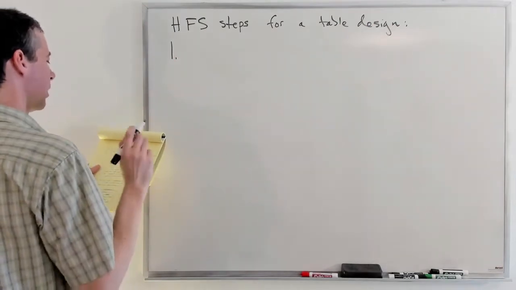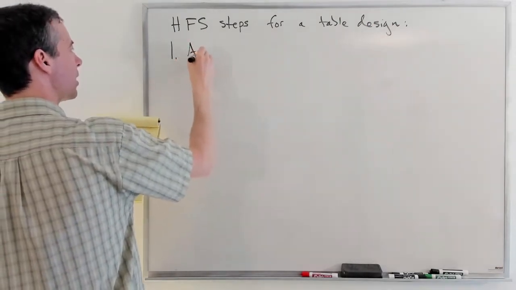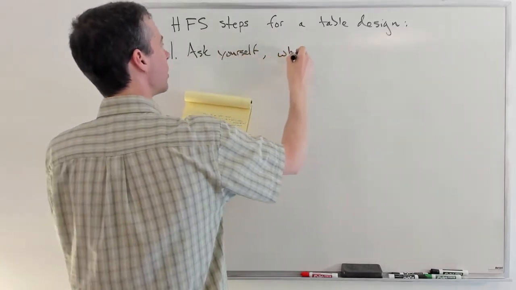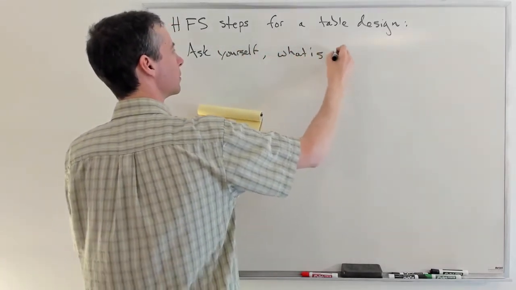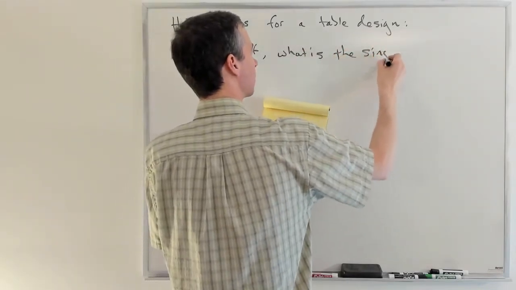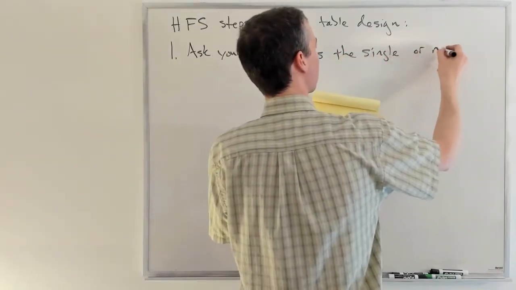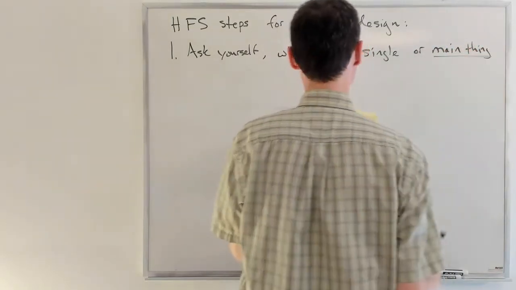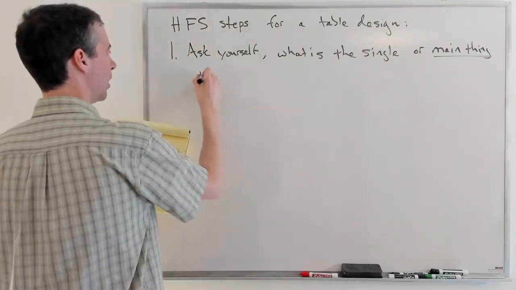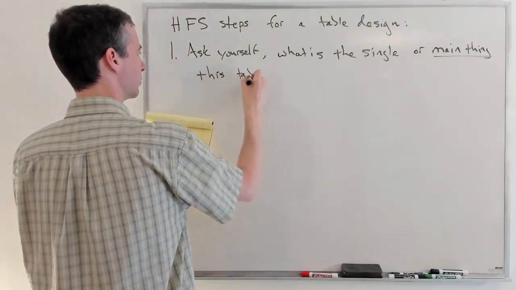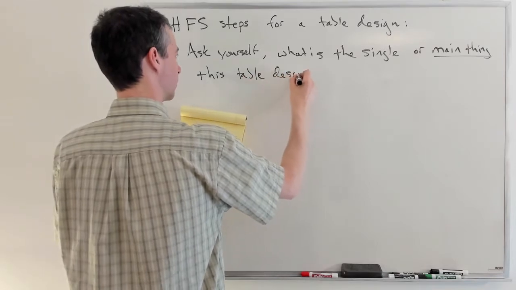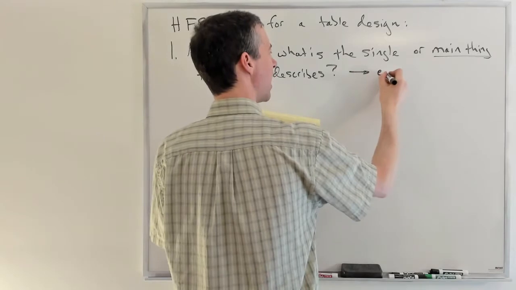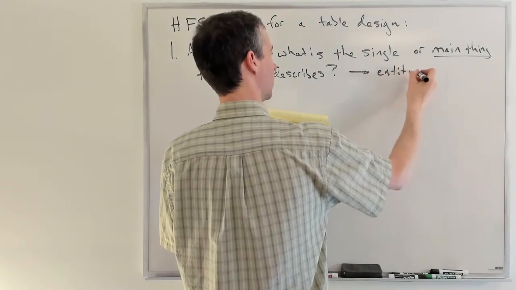The first one is you ask yourself, what is the single or main thing this table describes? This is basically asking what is the entity that we're talking about here?